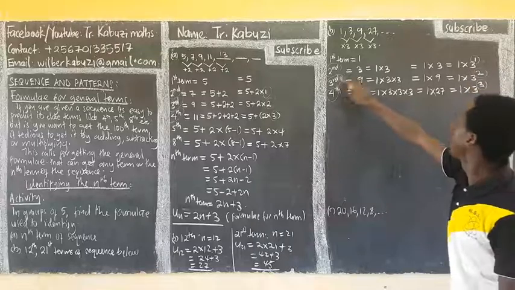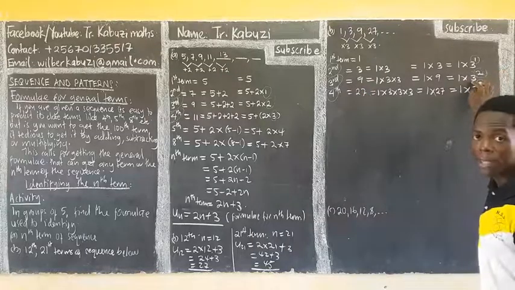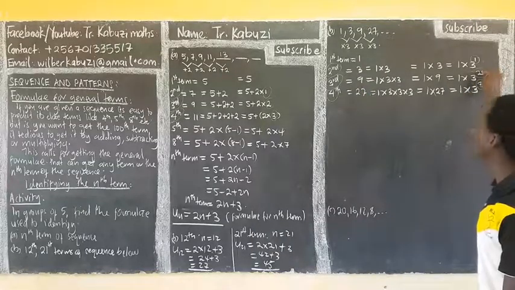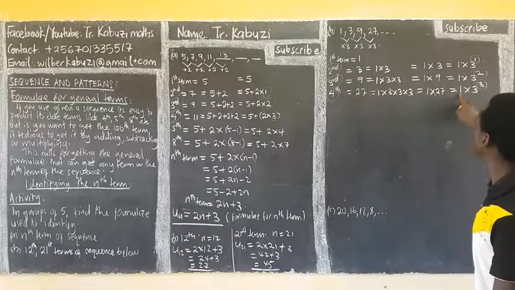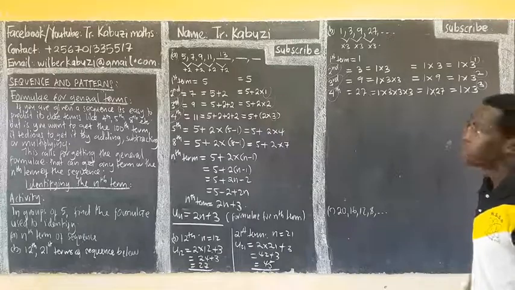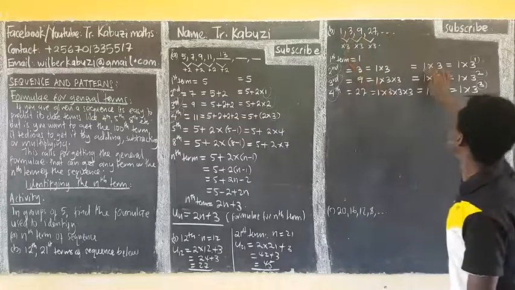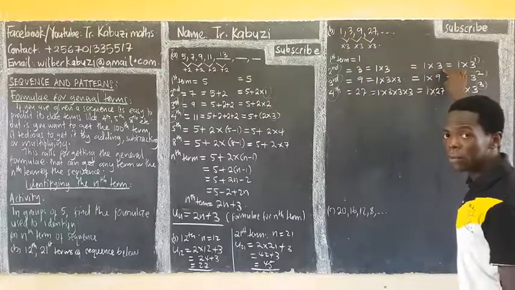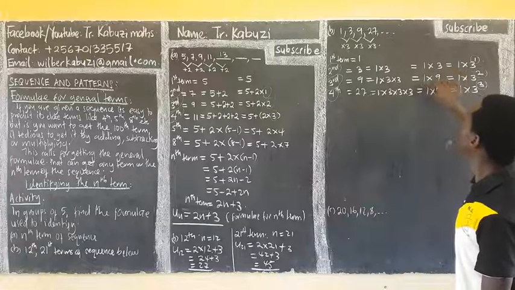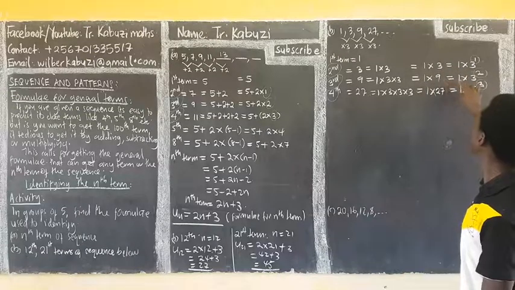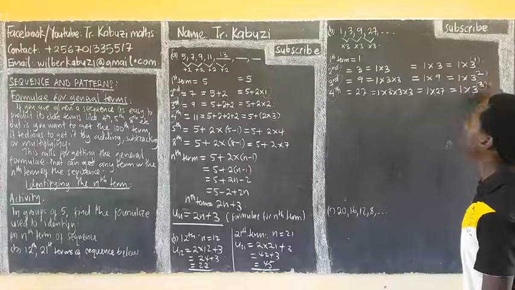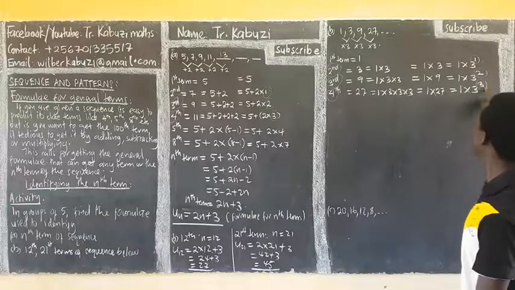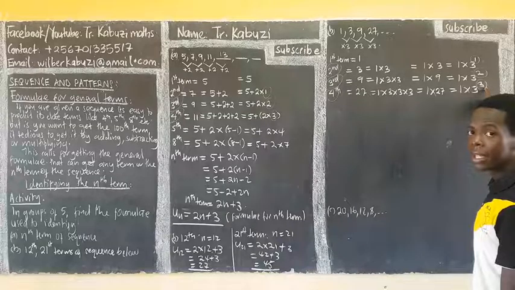So when you have the third term, you get what you multiply through by, then power 2, then you multiply with the first term. Then you get the fourth, you get 1 times 3 power 3. So if this was 2, then this would be 2 times 3, if 3 was the common term. Then 2 times 3 power 2. This would be 2 times 3 power 3. So you see the fourth goes with the third.